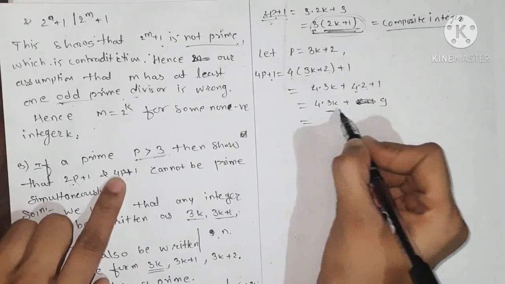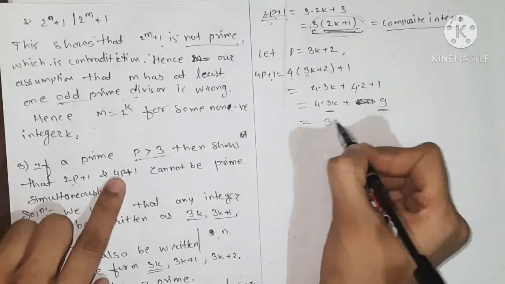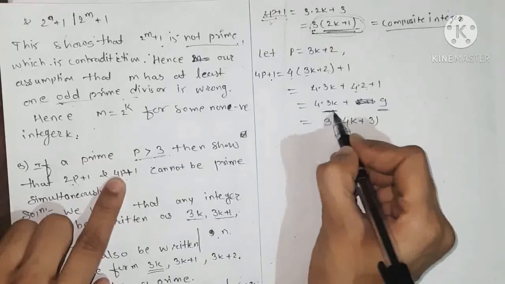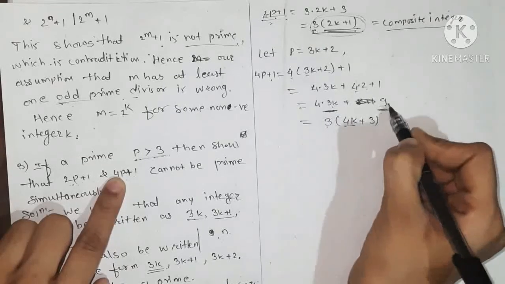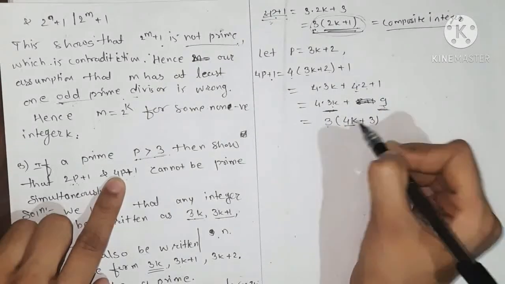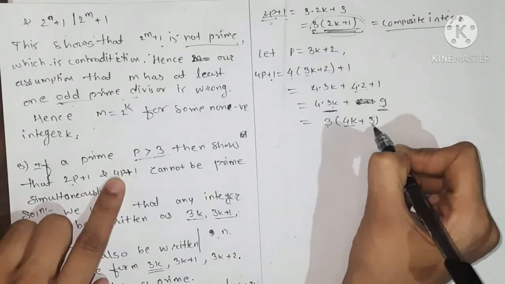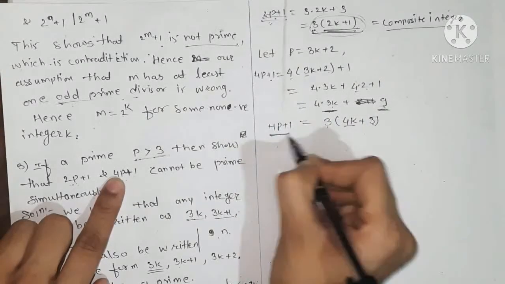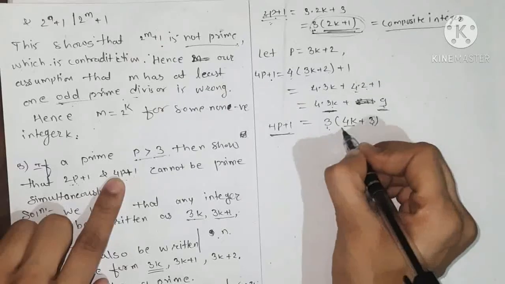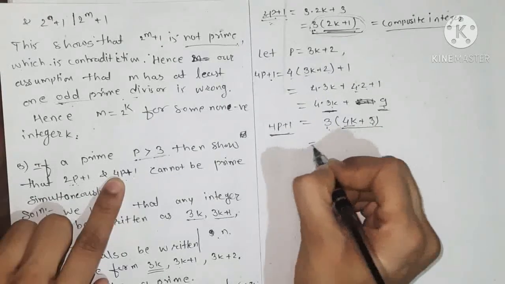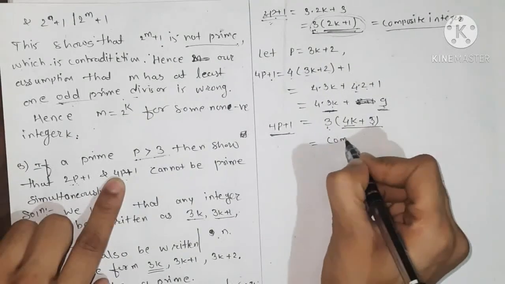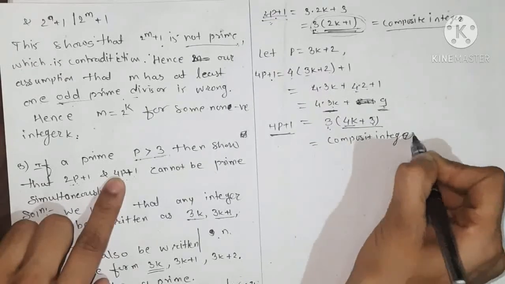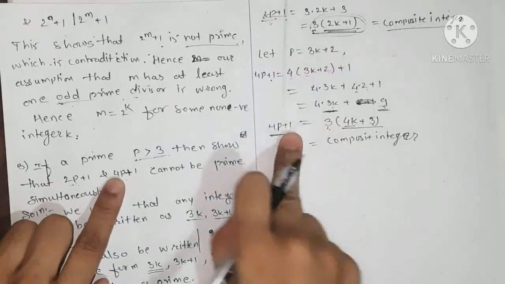Taking 3 common from this, we get 3 in bracket 4k plus 3. Taking 3 common from the 9, we have only 3 in the bracket. Again, 4p plus 1 is written as 3 multiplied by some integer, and therefore this is a composite integer, because 3 divides 4p plus 1.